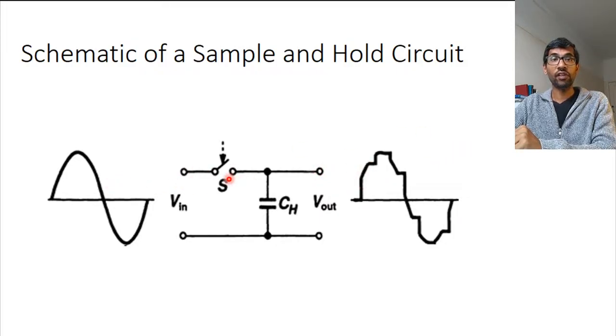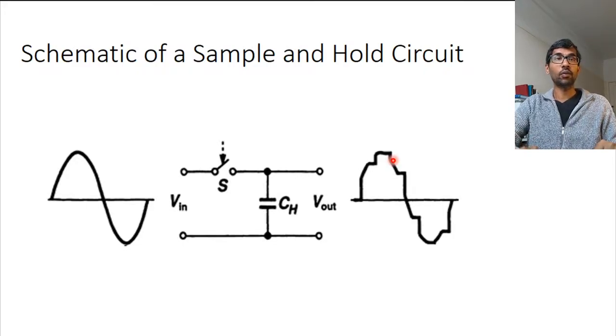And if you then open this switch, or switch it off, then what happens? Whatever value is at that switching instant is going to be maintained for some time. So that's the hold mode of your track and hold. You have the acquisition mode when the switch is closed, and you have the hold mode when the switch is open. And that's how you can actually take this input signal and sample it at different instants of time.